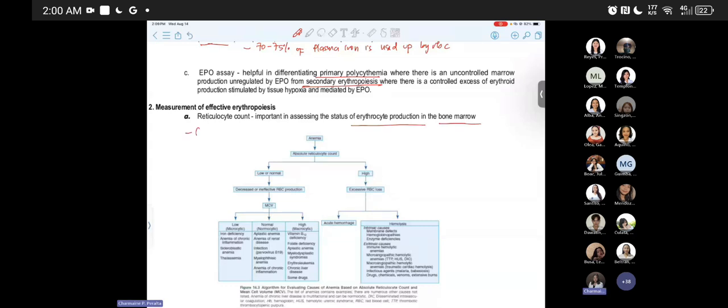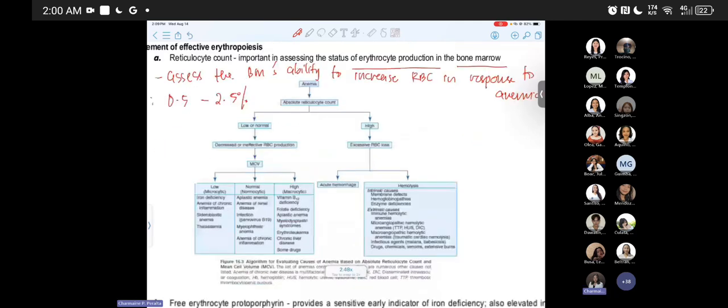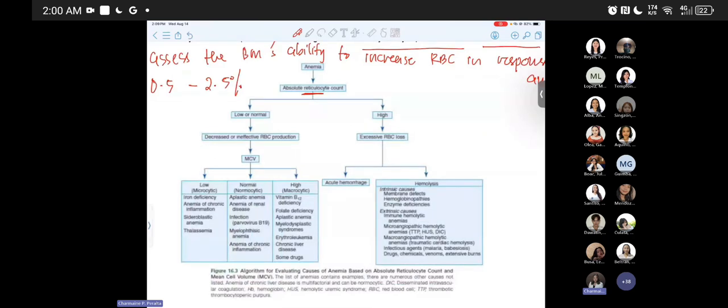Or in other terms, to assess the bone marrow's ability to increase red blood cell in response to anemia. Ang normal value ng reticulocyte count is 0.5 to 2.5%. So ang anemia, it is classified depende sa reticulocyte count.